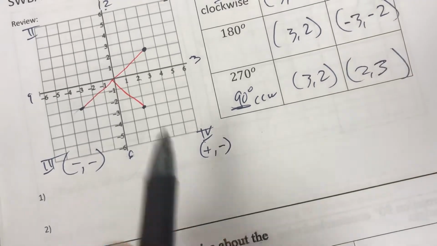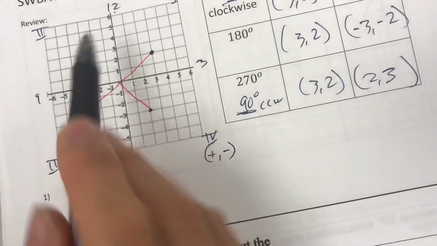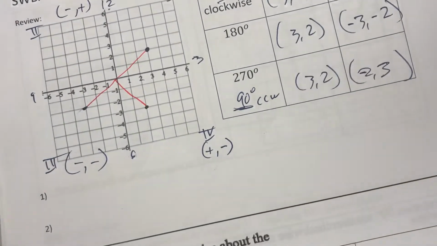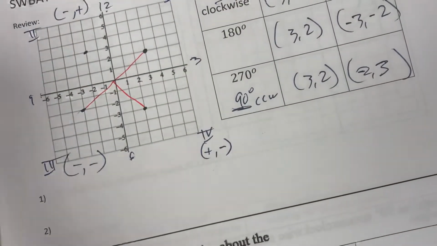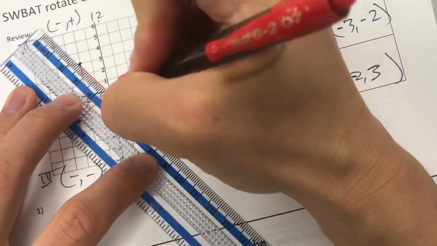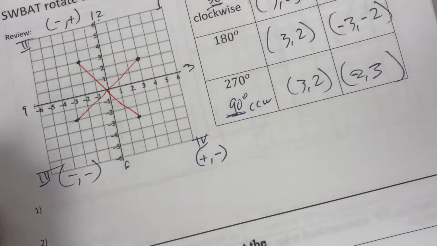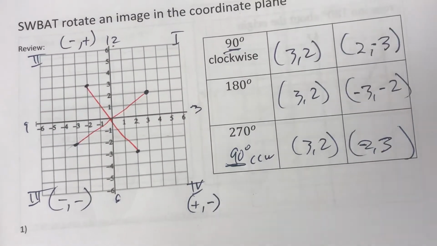And then all we have to do is look at the quadrant. Quadrant 2 coordinates always have a negative and a positive, right? So you make this a negative, positive. So negative 2, 3 is right there. And then here we go. Connect the dots. Bam. Okay? So here we're able to perform each one of these rotations.